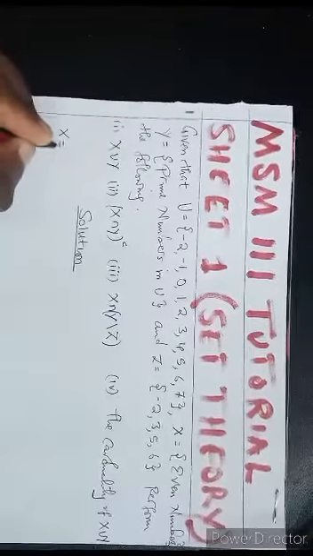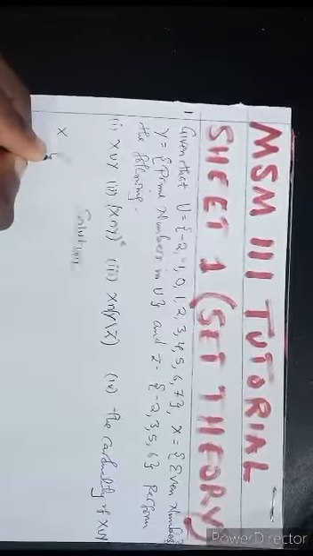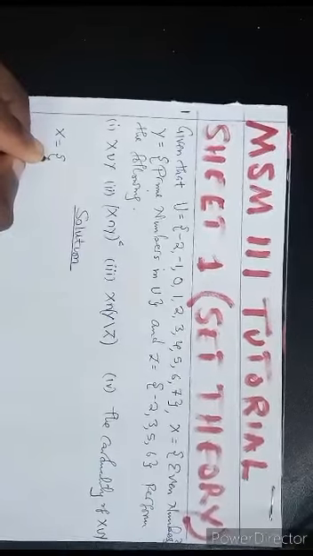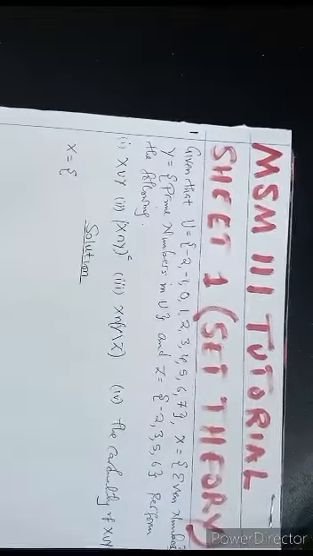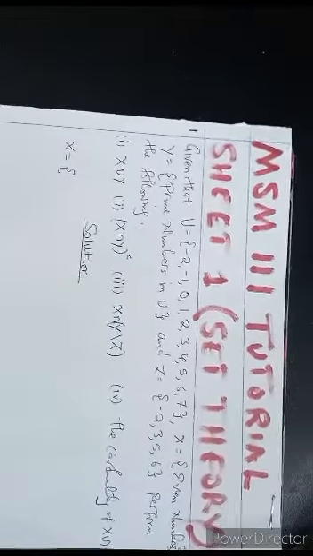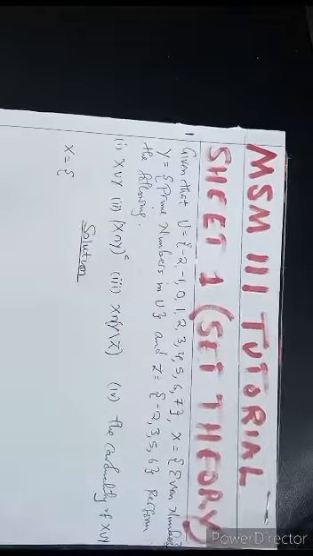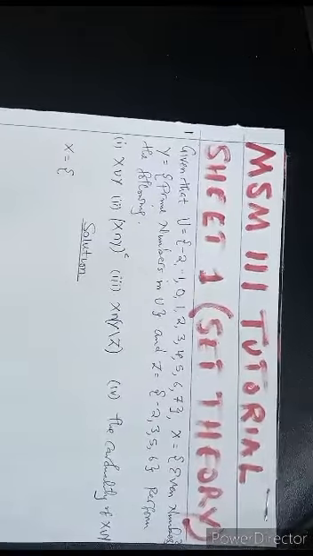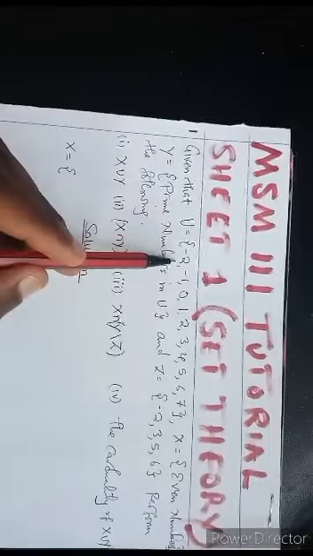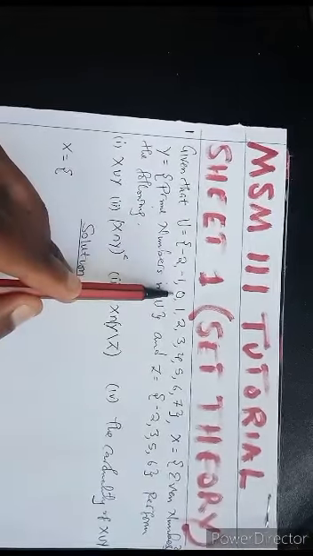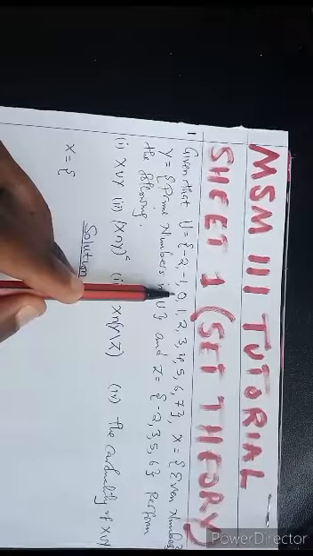So set X is equal to the set of all even numbers. Now, we want to list set X if we don't know what even numbers are. So what are even numbers? An even number is any integer which can be divided by 2 without leaving any remainder. So if you look at the universal, you have -2. By the way, 0 is also an even number.